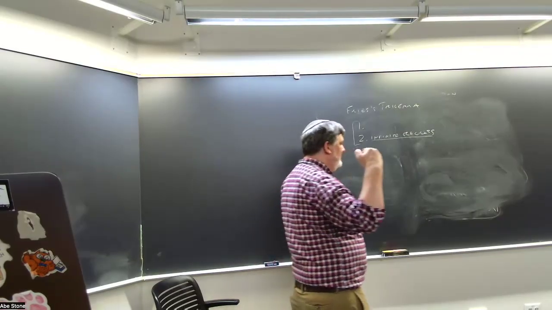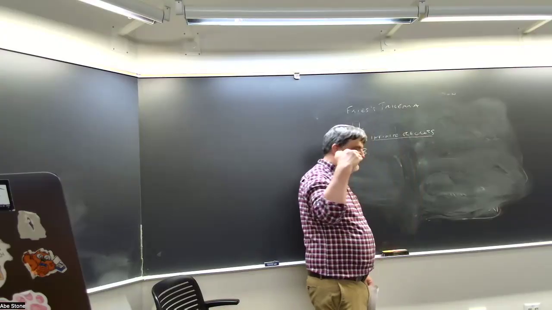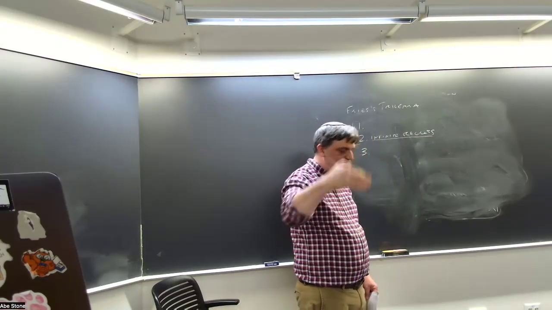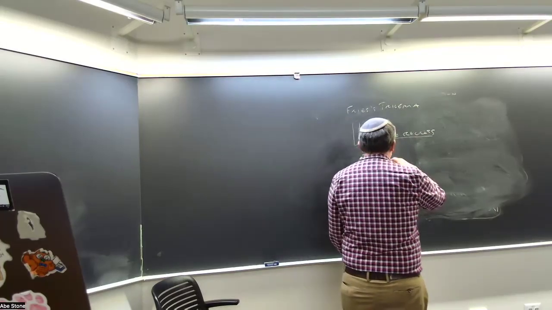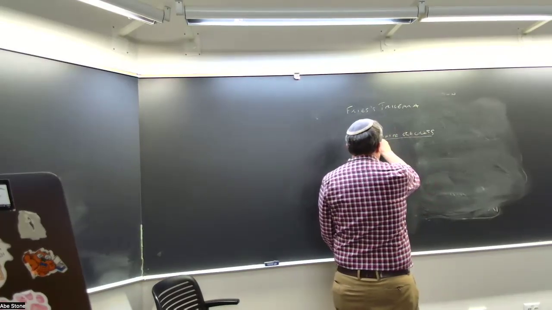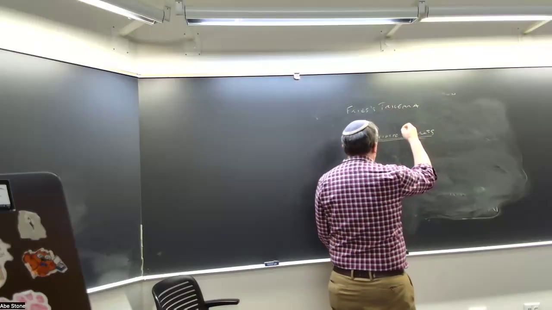Right? Because you're only using a finite number, and once you use them all up, you're going to have to get back to the original one. And so you're stuck with infinite regress or circularity.